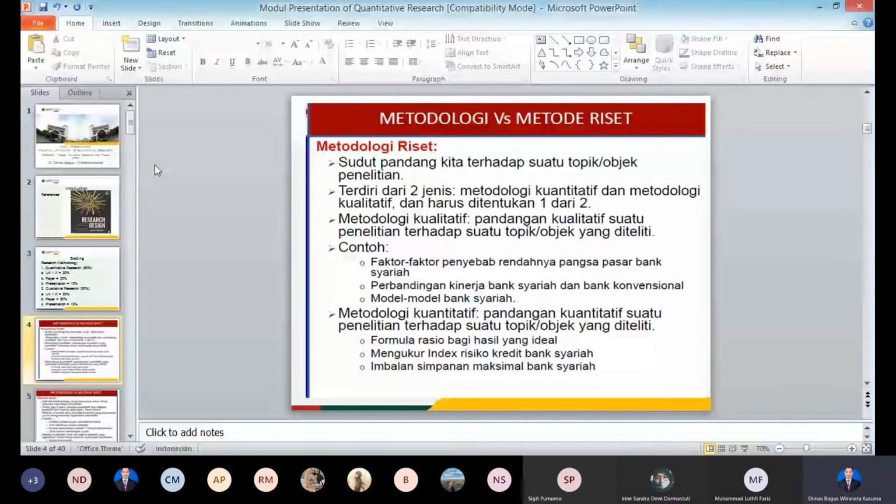So in quantitative, you should prove empirically. You have to use some tools or instruments to prove that your worldview is correct. But in qualitative, we are requested to explain why this one, not that.